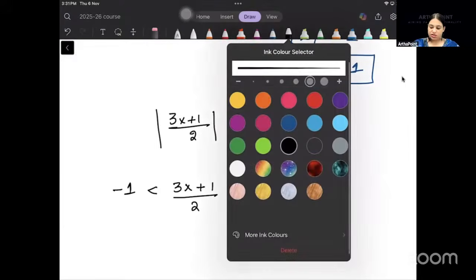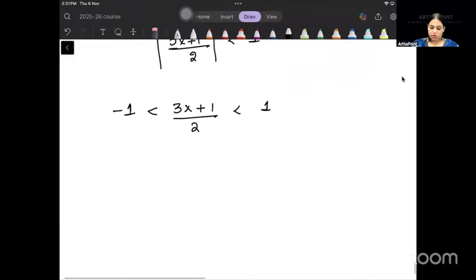Take this 2 here and here: -2 less than 3x plus 1 less than 2. Right?